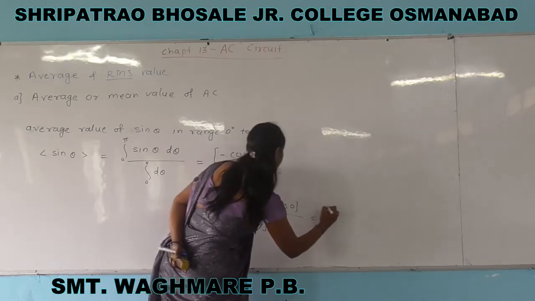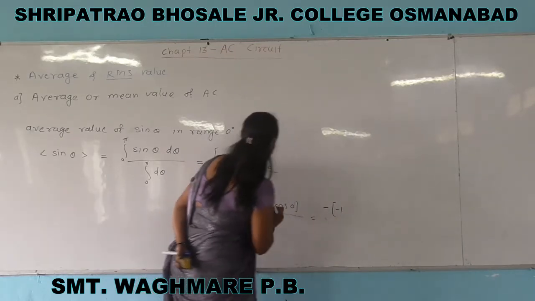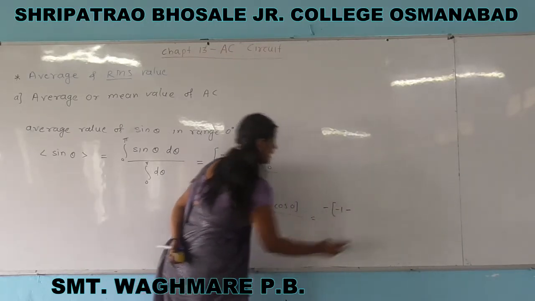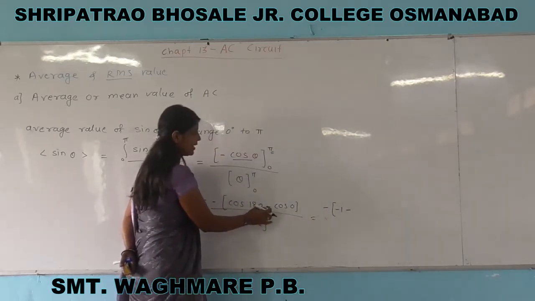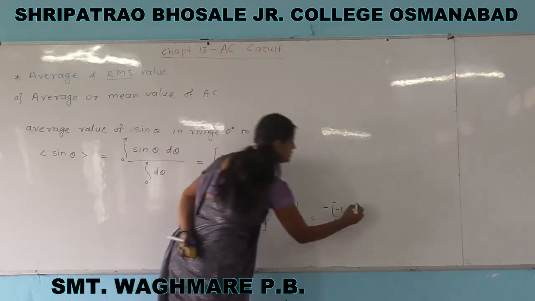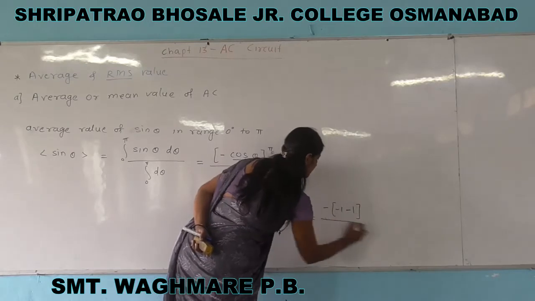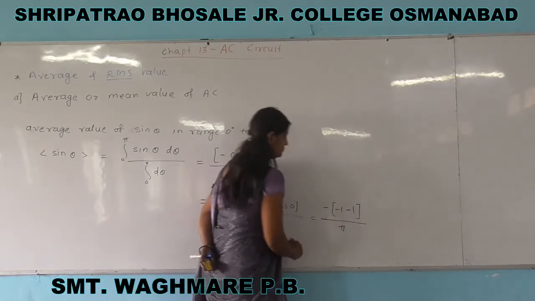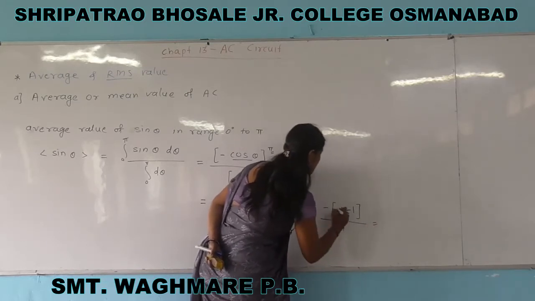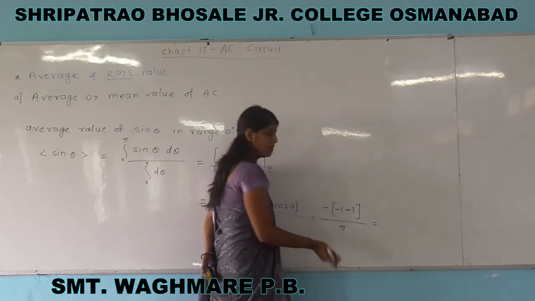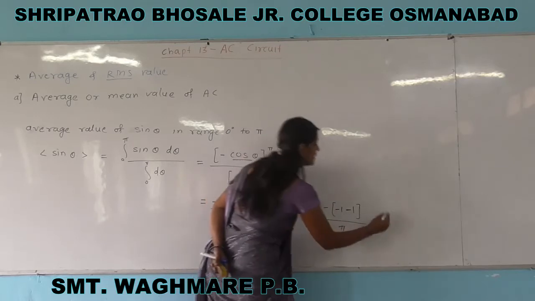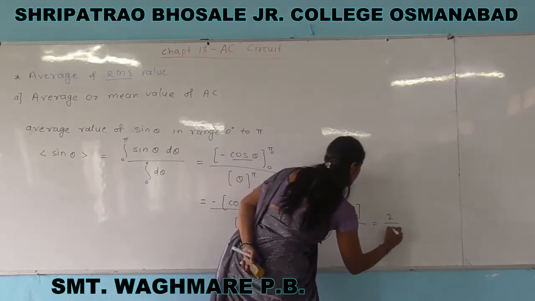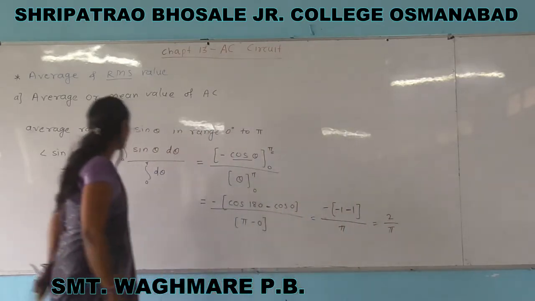Therefore, minus 1 minus 1 is minus 2, and with the outside minus it becomes plus 2, therefore 2 by pi.